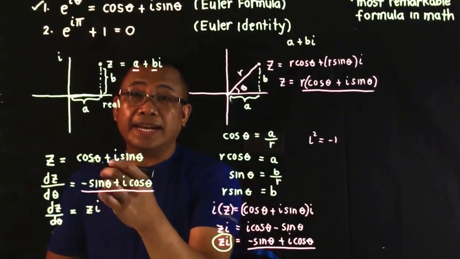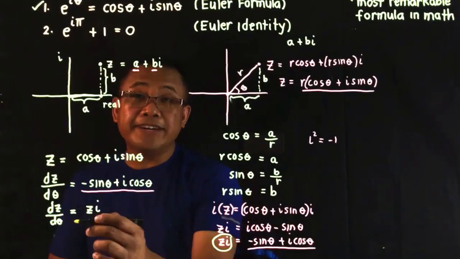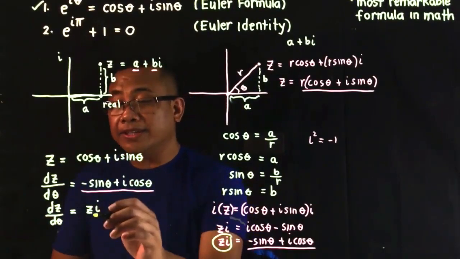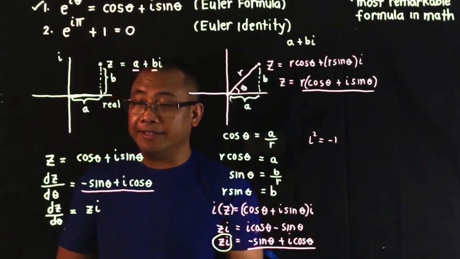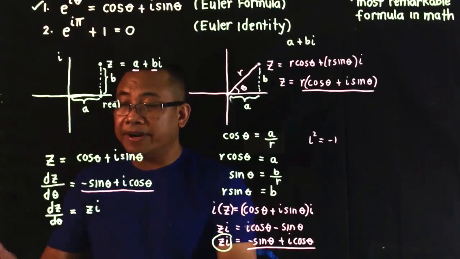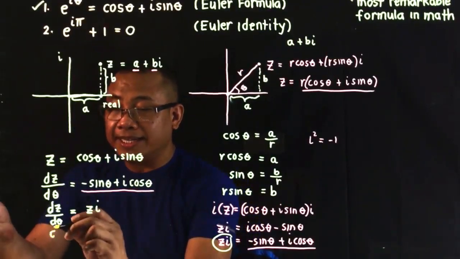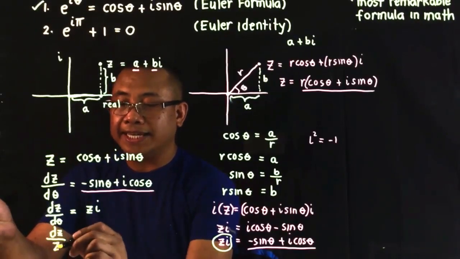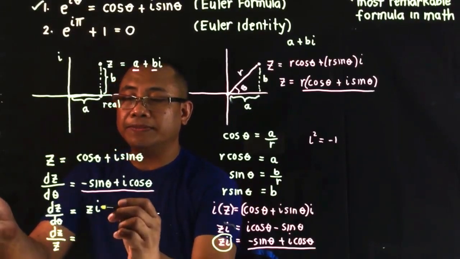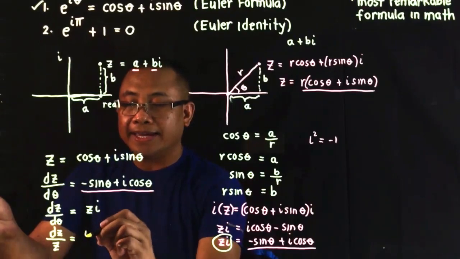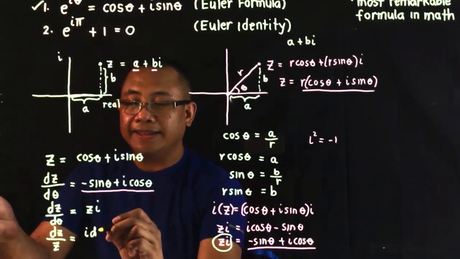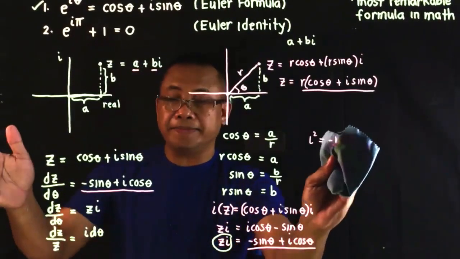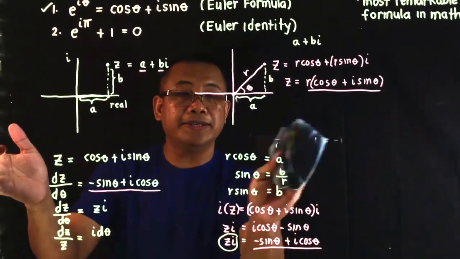This is a differential equation that we can solve using separation of variables. So using separation of variables, we can write this as dz over z is equal to i times d theta. Now let's erase this part so we can continue solving that.